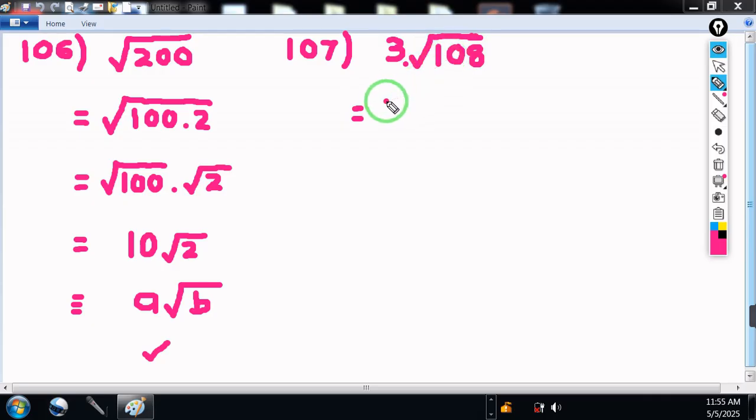Good. And now the sad thing is, I don't know, what is this thing? So what to do? Go back to method number 2. 108 divided by, definitely they'll ask you to start off with the 2. 54 and a 4.